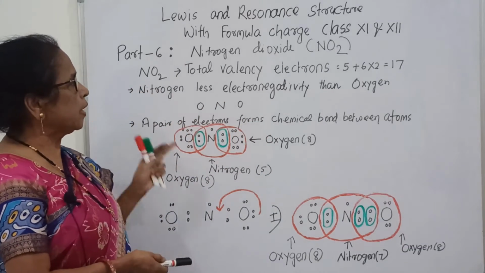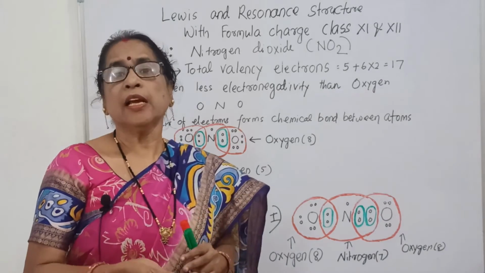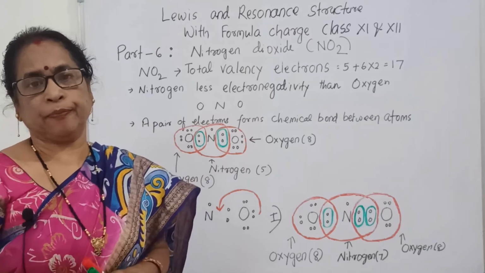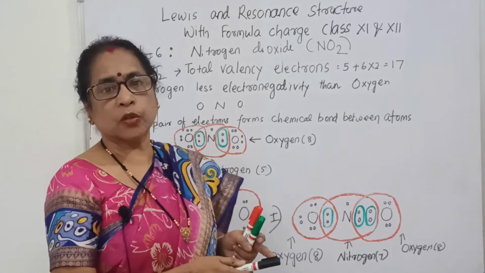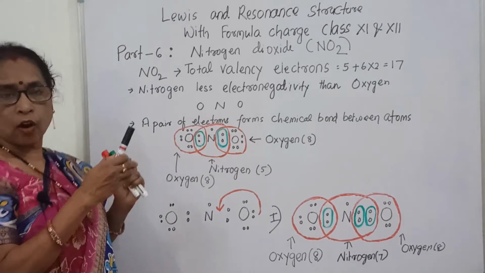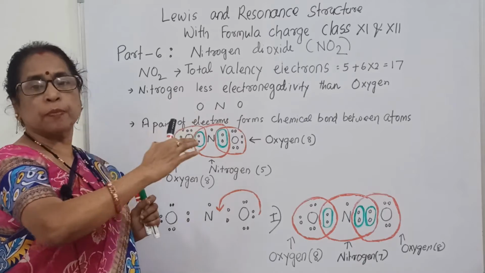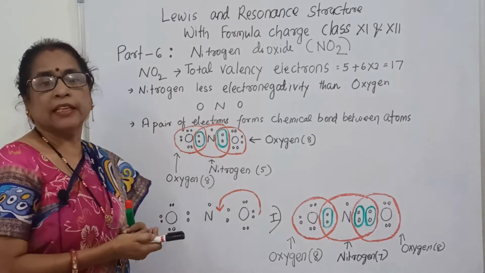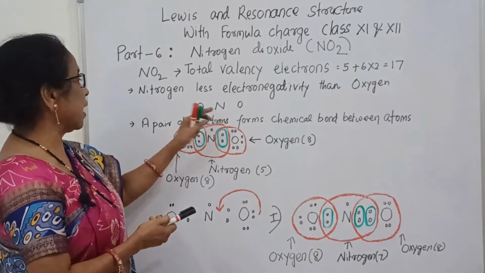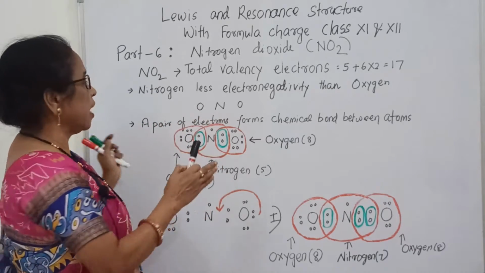Now you will compare here oxygen and nitrogen, which is the less electronegative. Nitrogen is less electronegative than oxygen. That means according to the rule, nitrogen should be in the center as it is the less electronegative, and the oxygen is outside of the nitrogen.